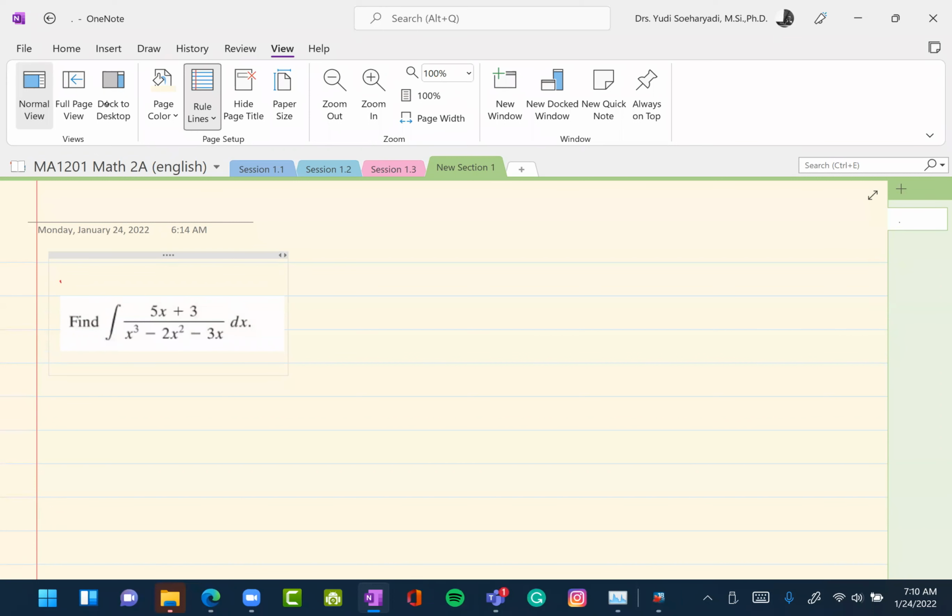So what we are doing here is that we look to see if we are able to write this down as this one here.